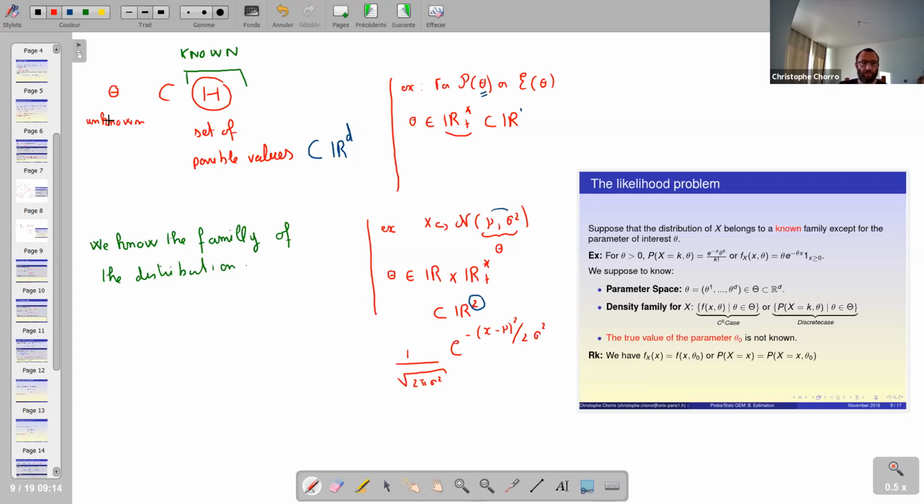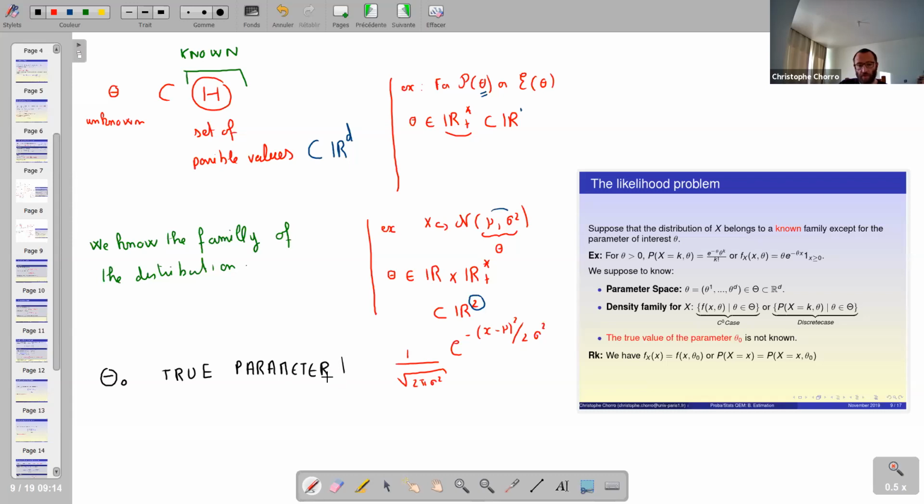So a notation that is important: theta is the parameter of interest, and I will give a name to theta 0, that is the true parameter, the true one, the one I want to approximate.